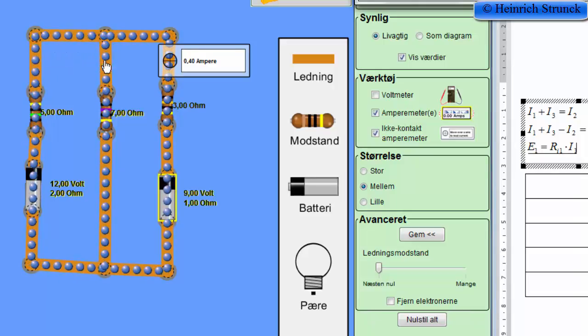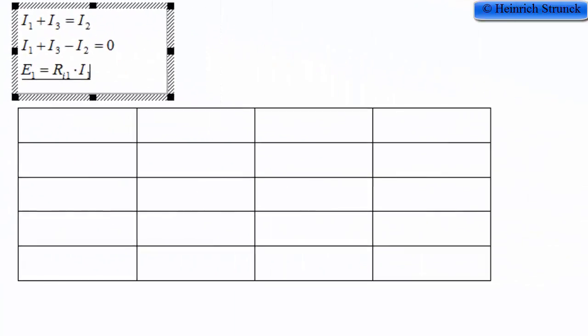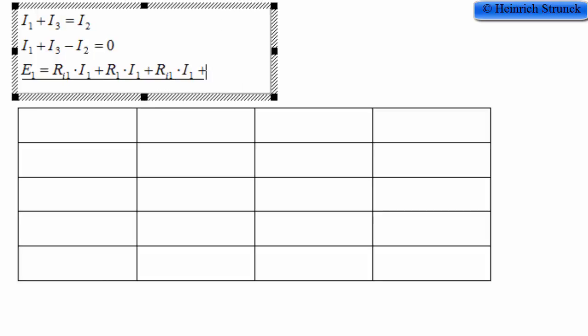So all the values for the voltage drop should be positive. So it must be plus R1 times I1. You can just copy this one and change it to R1 times I1, and then plus R2 times I2.